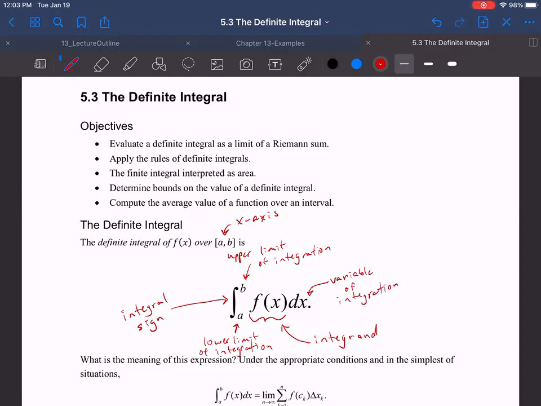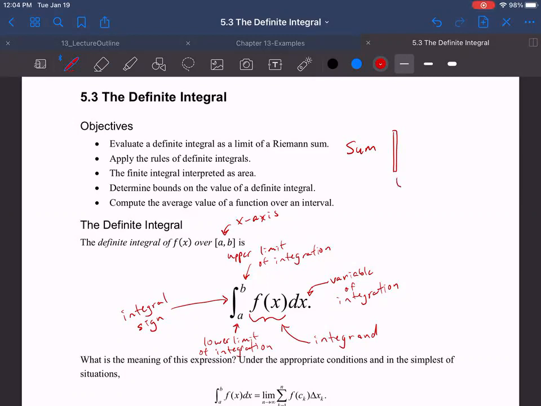And so the way I read this, what I see is it's saying sum a bunch of rectangles. Okay, that's what this is doing. Sum a bunch of rectangles. And the rectangles are really, really thin, with a height of f of x.